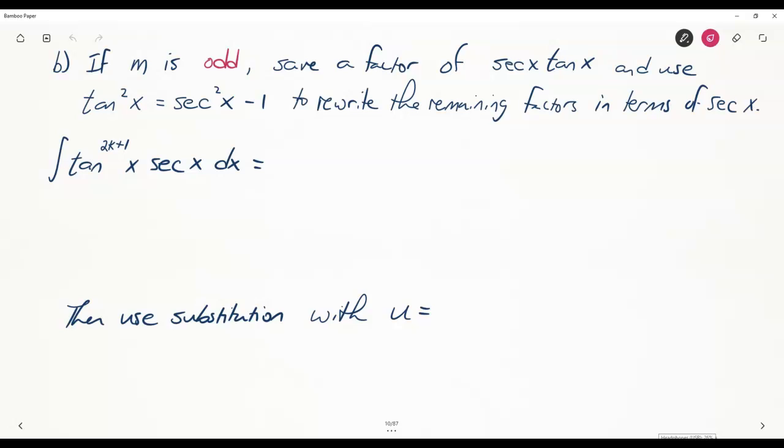So if the power of secant was even, that is how we broke off 2 factors of secant, and then we transformed everything else in terms of tangent.